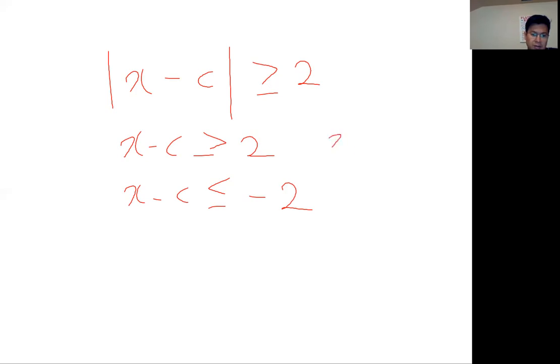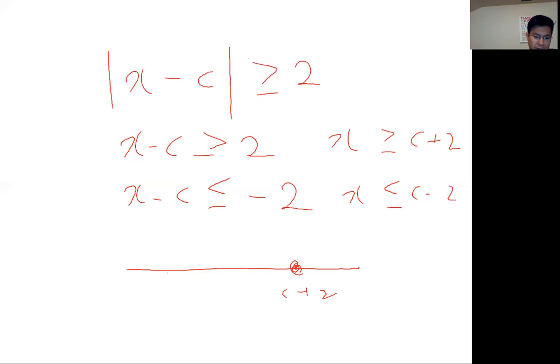So b is greater than c plus 2, and b is less than c minus 2. Now, as inequality, you can see this is c plus 2, and this is c minus 2, and then you can graph it like this. Next page.